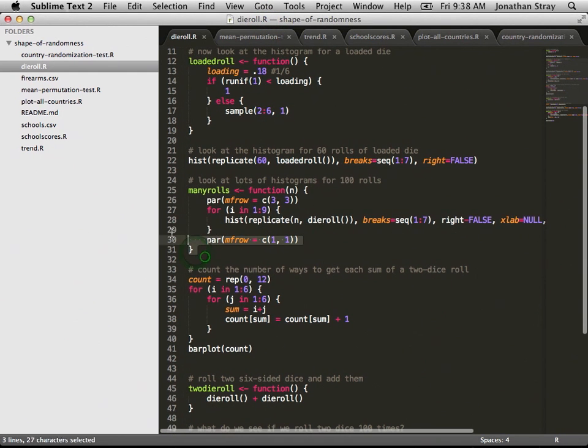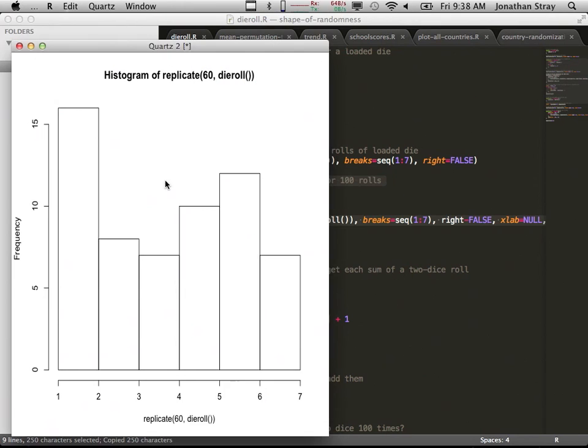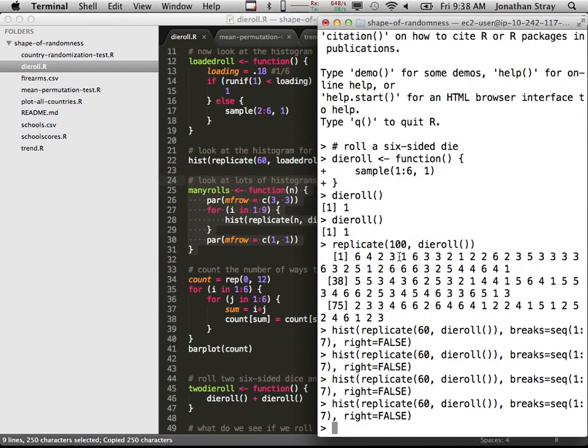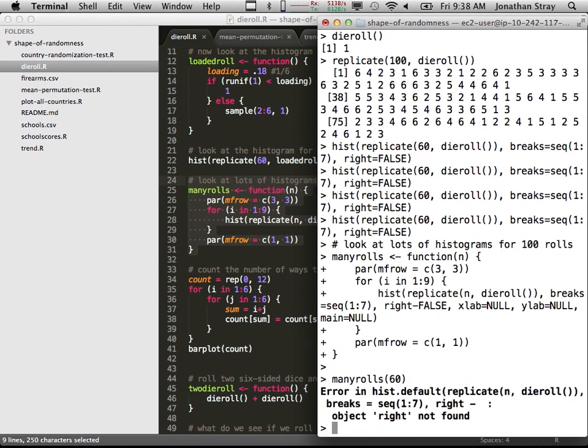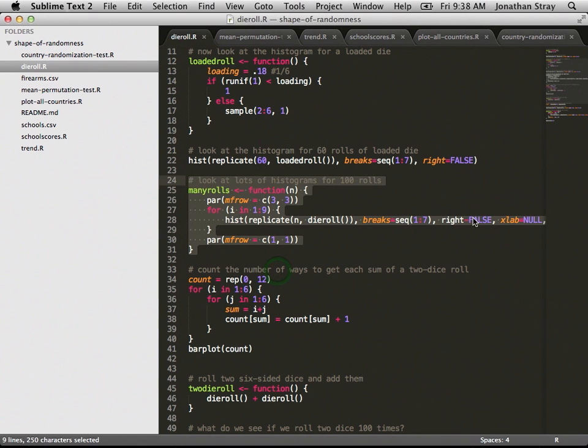I'm going to make a little function that plots many rolls at once, and I'm going to say many rolls of 60 dice. Oh, God. What happened? There we go. We got debugging on the fly.